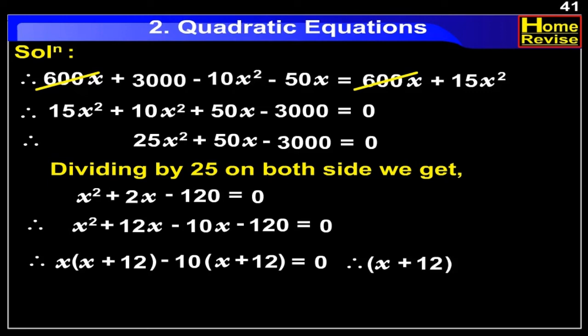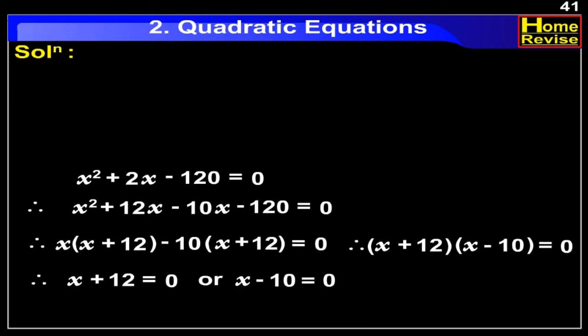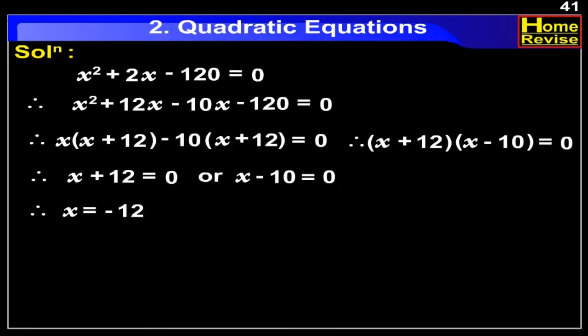Therefore, (x plus 12) into (x minus 10) is equal to 0. Therefore, x plus 12 is equal to 0, or x minus 10 is equal to 0. Therefore, x is equal to minus 12, or x is equal to 10.